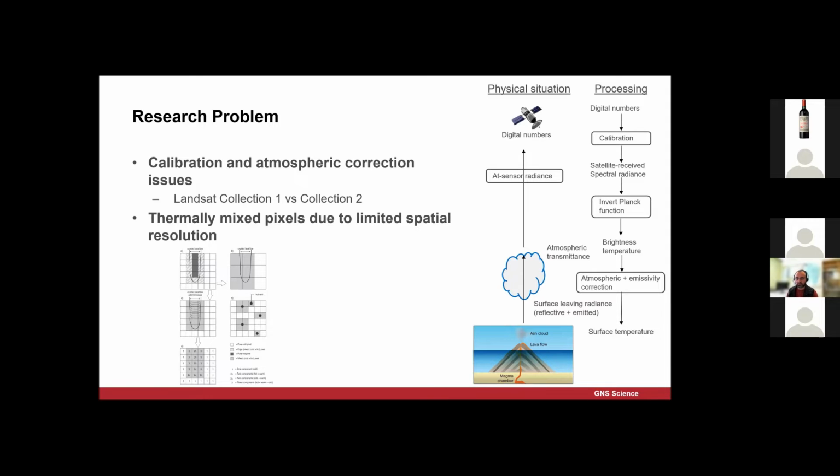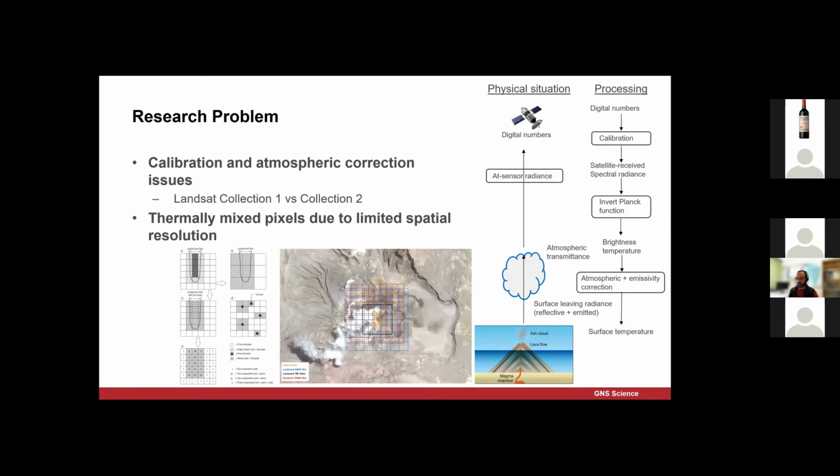For example, in the case of a lava lake or a flowing lava situation, we have the surrounding cold pixels, we have the hot pixels, and in between we have a mix of cold and hot pixels. But in the case of the White Island scenario, we have hot vents generating fumaroles, and that has to be detected in the pixel size of those two sensors operating in the shortwave infrared and in the thermal infrared range.